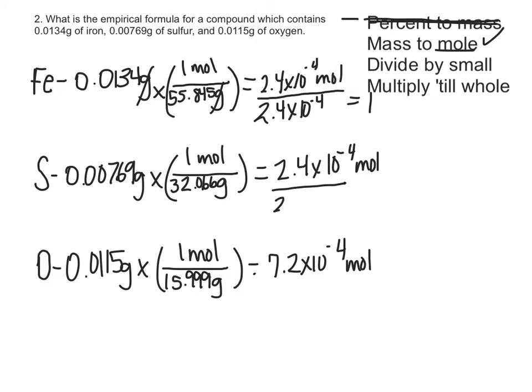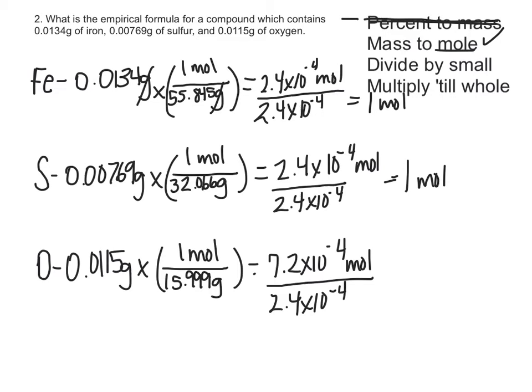Same thing with sulfur. 2.4 times 10 to the minus 4 is going to give me 1 mole. And here for oxygen, if you can hear my dog barking in the background, I'm going to do 2.4 times 10 to the minus 4. And when I divide that, I get exactly 3 moles.